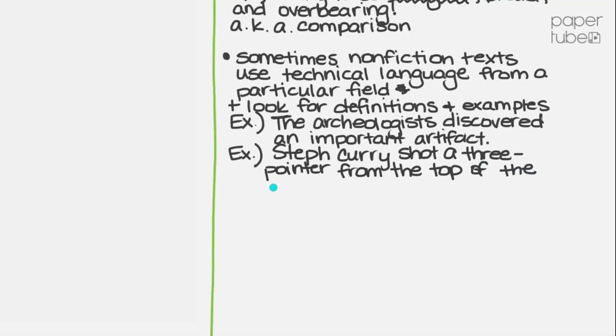Maybe you don't know what the key is, right? But you do know that a three-pointer is a shot that somebody takes from a distance. So you can assume that the top of the key is not particularly close to the basket.